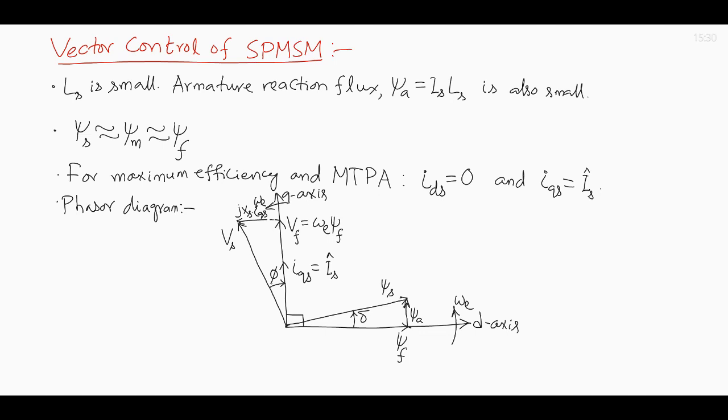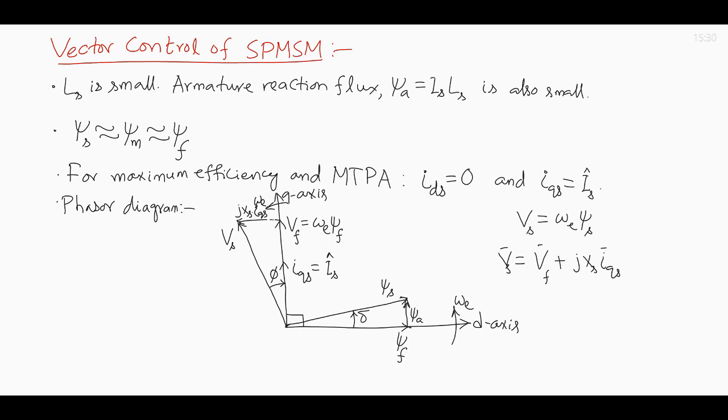So, from this phasor diagram we can note stator applied voltage Vs is omega E times psi S. Only thing, we neglect the stator resistance in this expression. When the stator resistance is neglected, Vs is omega into psi S, and also Vs phasor is Vf or E phasor plus jXS into IQS phasor.